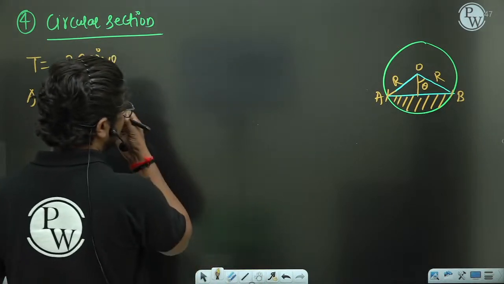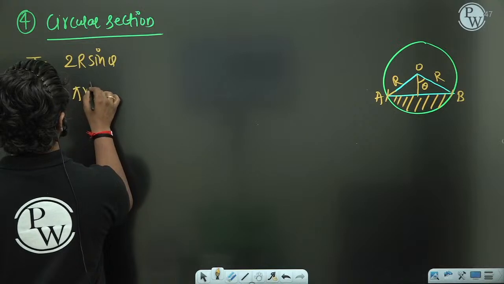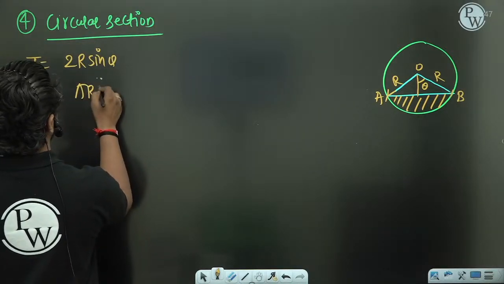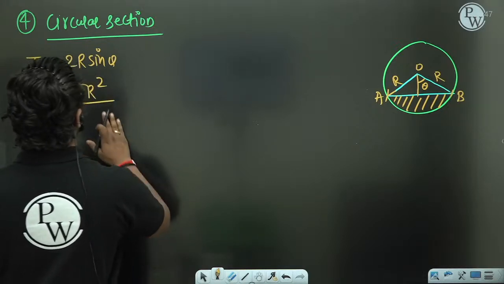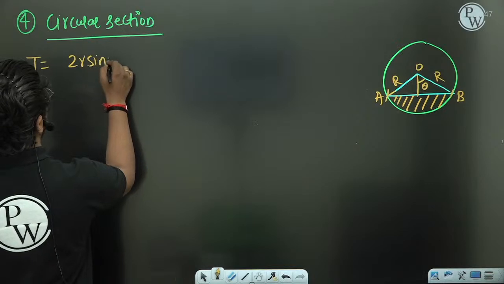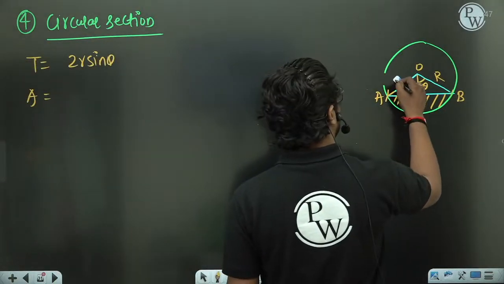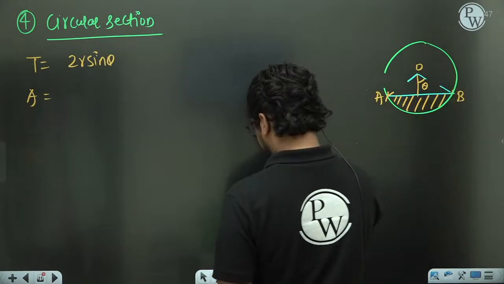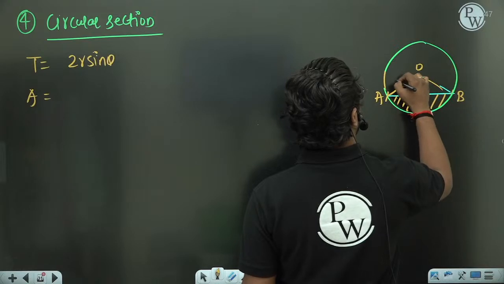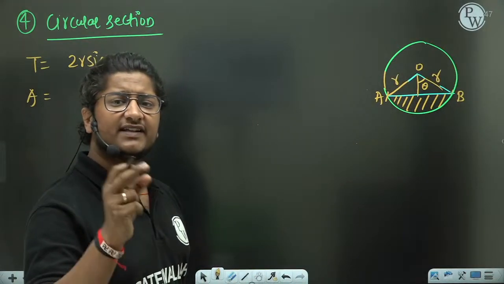For the sector area, it will be nothing but pi r square. Let us write 2r sin theta. This is r, small r, not capital R, otherwise you will get confused between radius and hydraulic radius.